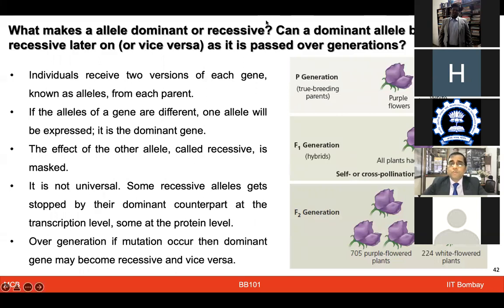What makes an allele dominant or recessive? Can a dominant allele become recessive later on, as it passes over generations? Very interesting question. I think one of you has asked. I have been explaining that one is a dominant characteristic, one is recessive, but dominant is because it is able to produce some pigment or some enzyme, which leads to the pigment formation. Therefore, we are saying it is the dominant trait.